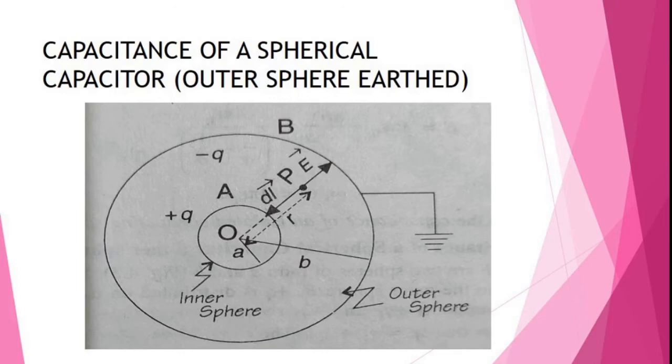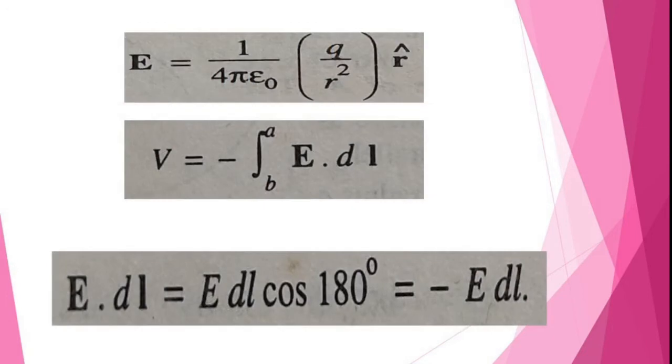So what will be E dot dl? The outer sphere is having radius b and the inner sphere is having radius a, isn't it? So the integral limits are from b to a. We are moving from B to A, outer sphere to inner sphere.